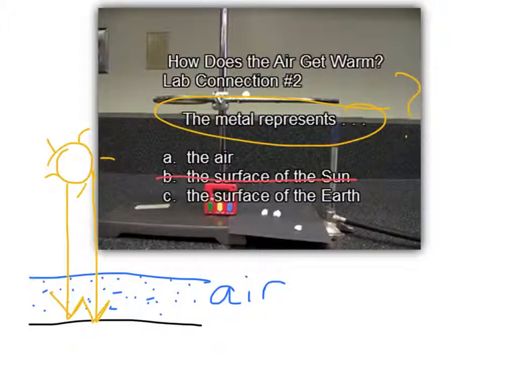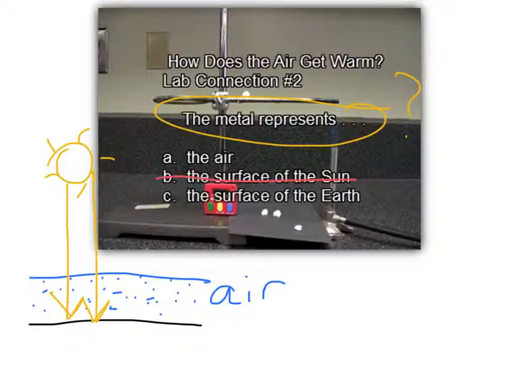In this context, we're asking, how does the air on the earth get warmed? In the diagram, you can see the sunlight passes through the atmosphere and then strikes the earth's surface. Is it possible that the air absorbs the sunlight energy as the sun rays pass through it?